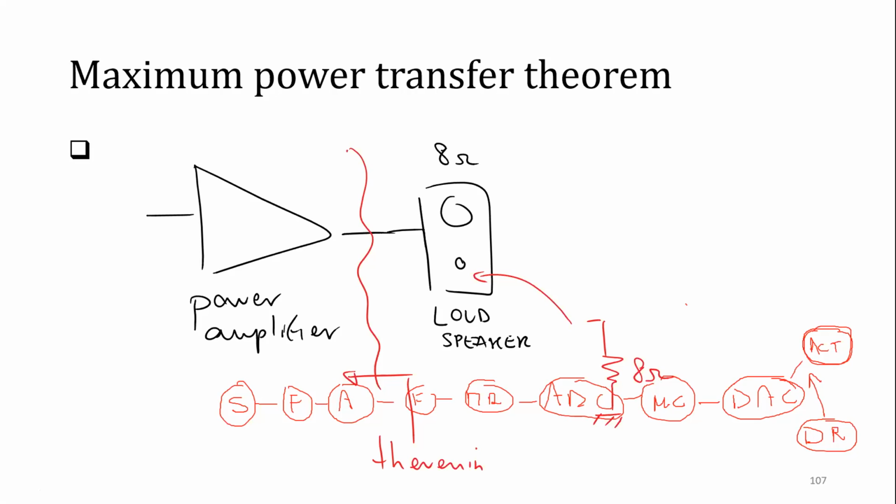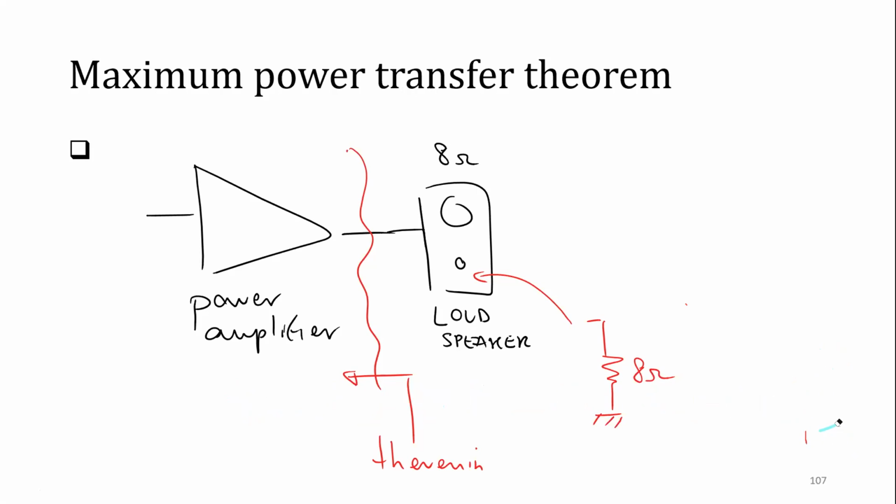Probably I will finish next time discussing drivers, doing some calculations, but I want just to introduce a few things. This is a simple example where you have the loudspeaker that you have at home. Usually the loudspeaker is modeled as a resistor of 8 ohm. As I showed you also with the incandescent lamp or filament lamp, we also model it as a resistance.